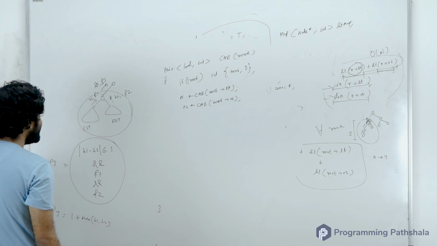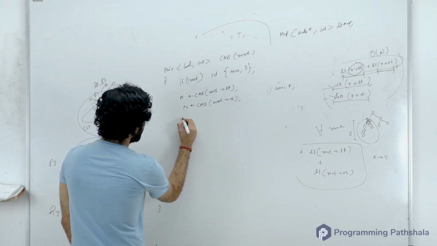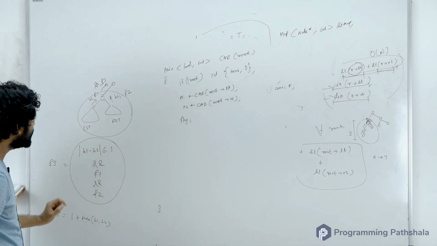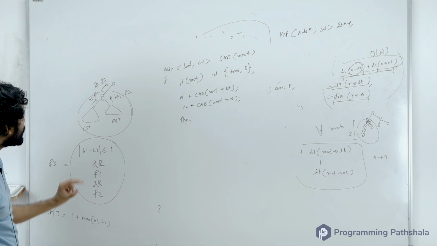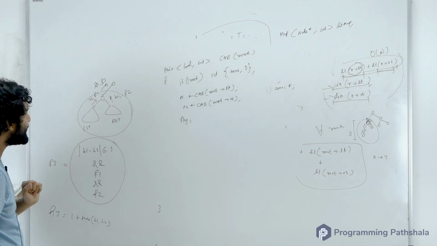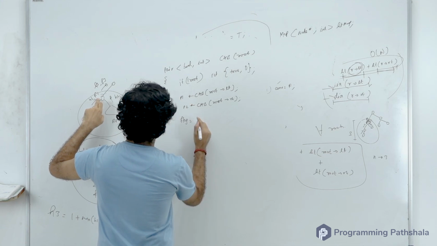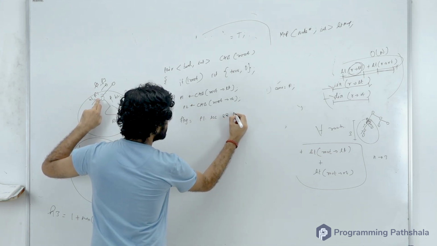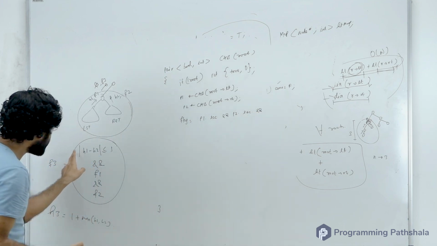And how you can do that is, first let's talk about the flag. The expression for flag is known to you. The flag depends upon the flag that you got from your left child and the flag that you got from the right child. The flag of the left child will be stored in P1 dot second. So P1 dot second and P2 dot second, and this condition should be true.